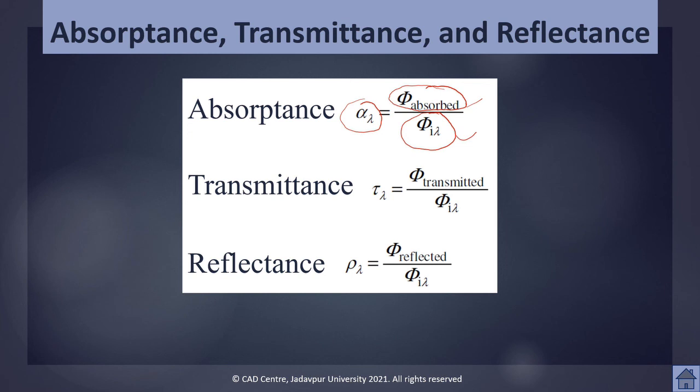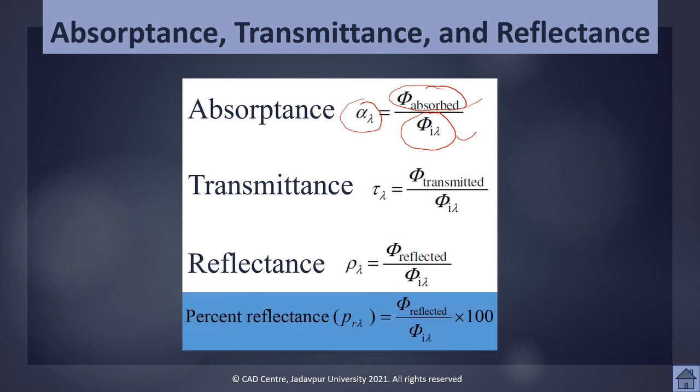In fact, if we take the simple hemispherical reflectance equation and multiply it by 100, we obtain an expression of percent reflectance as shown over here. This is often used in remote sensing research to describe the spectral reflectance characteristics of various phenomena.